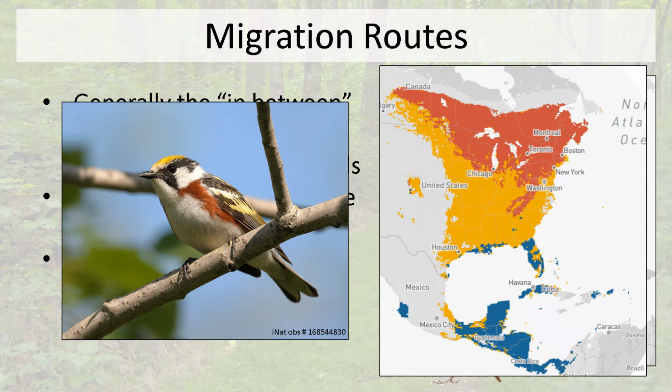So they breed throughout the kind of upper Midwest and lower boreal region and down through the Appalachians. This is the red breeding area. They winter throughout mostly Central America, a little bit of the southern United States. And you can see that there's a large swath where the species is found during migration.